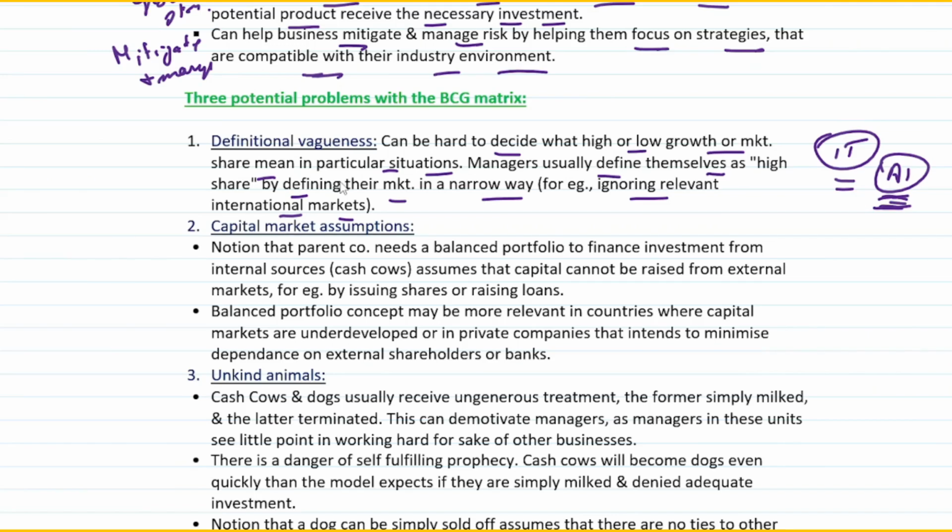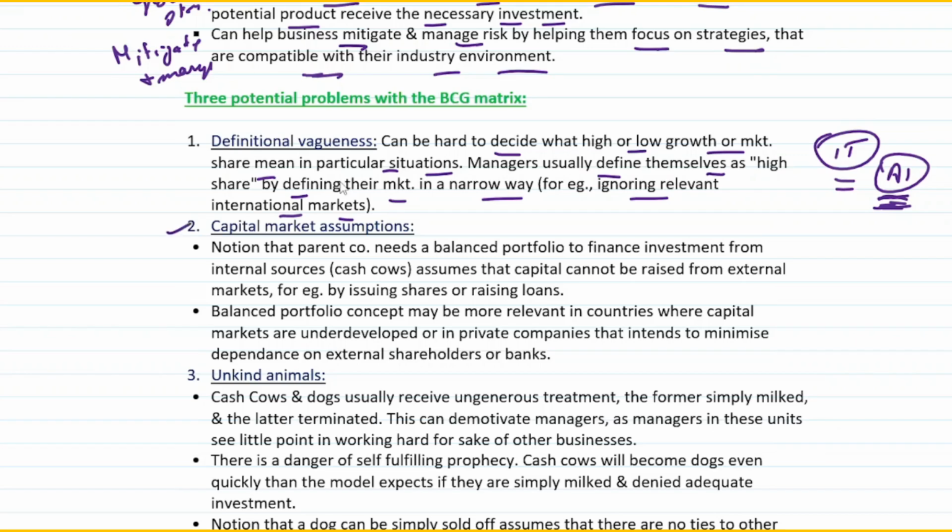That becomes a case of definitional vagueness. I'm talking in terms of macro environment, but in company specific also such issues may arise. So you have to make sure. It may be hard to decide what high or low growth or market share is, because managers define themselves as high share by defining the market very narrowly, and they ignore aspects which are macro in nature, for example international markets.